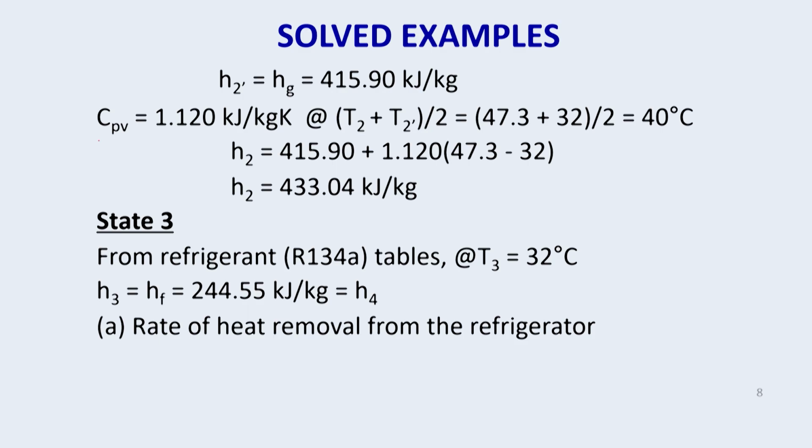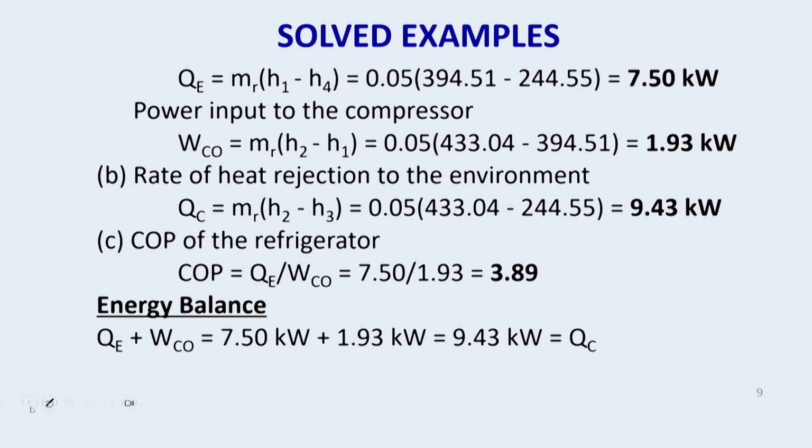See, this is the Cp of vapor value from the table for the average temperature of T2 and T2 dash, which comes close to 40 degrees centigrade. So let us go to the tables.